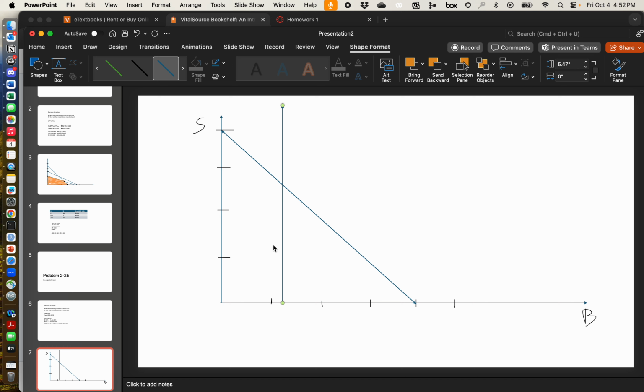Right, so the constraint is b is greater than or equal to 0.3. So it's everything that is more than that, because if I plug in 0, this constraint is not satisfied. So it's everything on this side of the constraint.